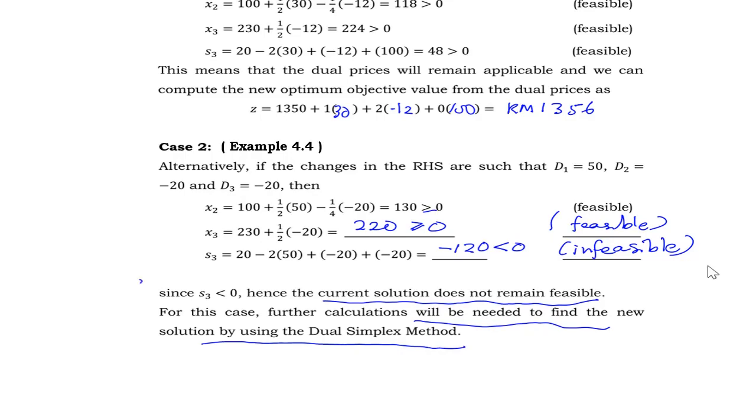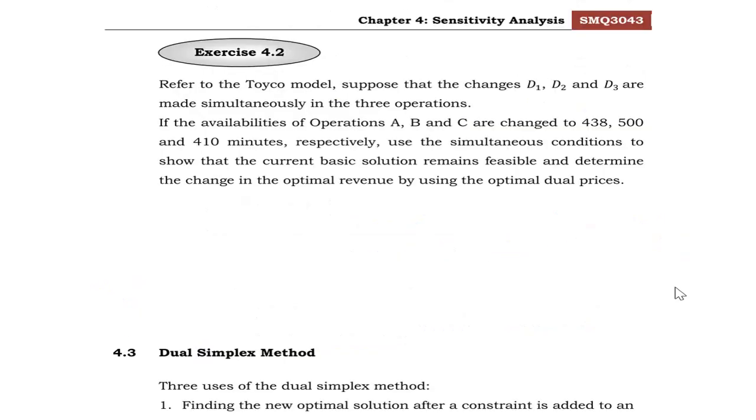Okay, so you need to use this type of conclusion if one of the conditions is infeasible. Okay. We will learn how to solve this example 4.4 in the next subtopic, which is the dual simplex method in example 4.6. So as homework for this subtopic, you need to submit exercise 4.2.